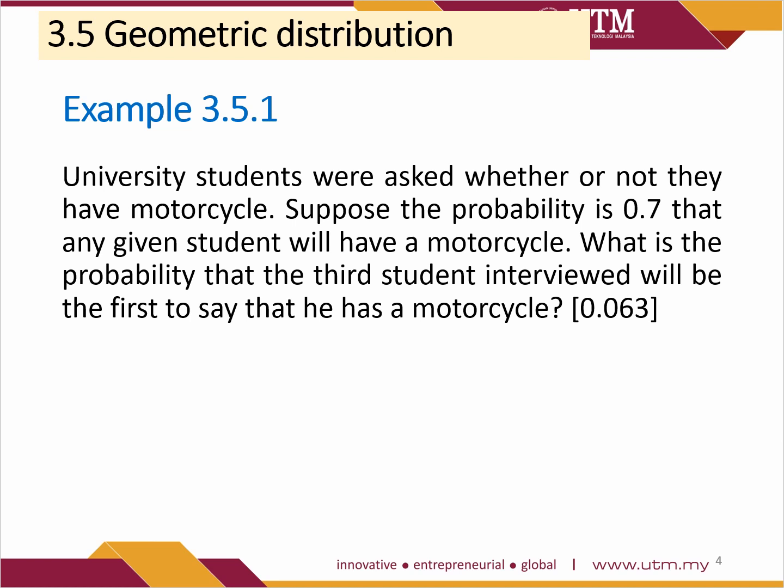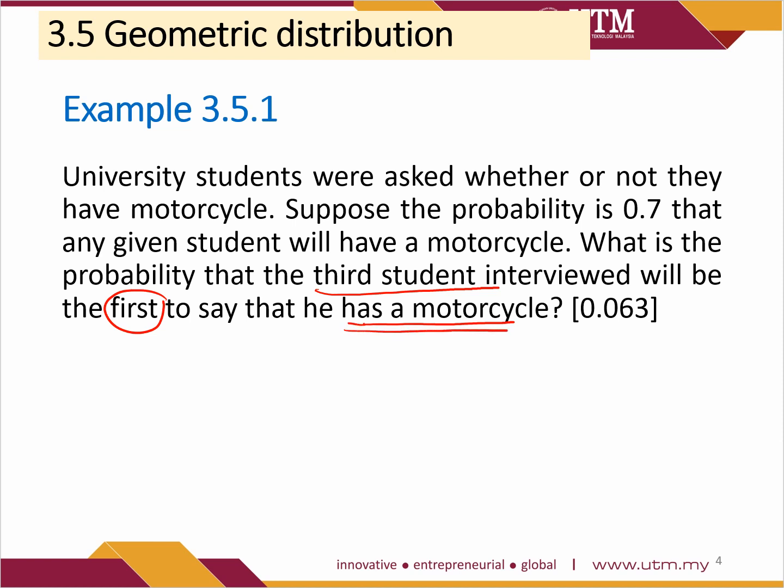The first example: university students were asked whether or not they have a motorcycle. Suppose the probability is 0.7 that any given student will have a motorcycle. What is the probability that the third student interviewed will be the first to say that he has a motorcycle?